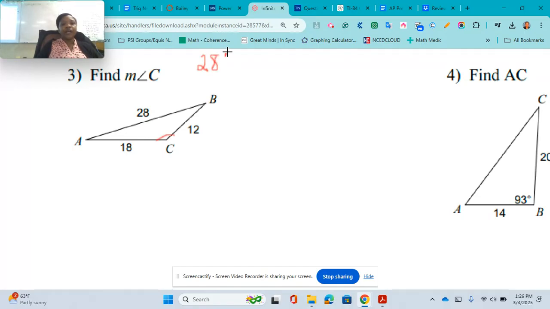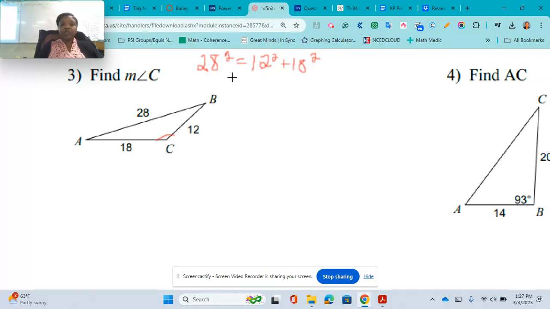We are going to square it, and that equals the other two lengths, which is 12 squared plus 18 squared. Can y'all see it? Okay.